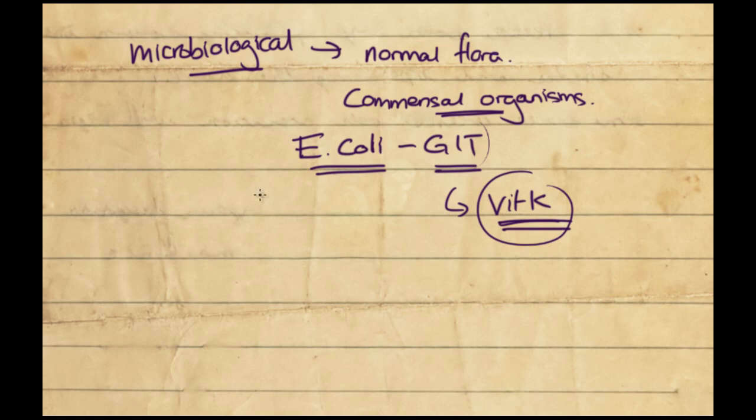We also went through some chemical barriers such as the low pH of the stomach, or enzymes in our tears, or antibacterial peptides. Just touched on that briefly. And last but not least, we talked a little bit about the microbiological side of it, so the normal flora which live in our body and protect us from any potential infectious agents. Yeah, that's just an overview of the external barriers that are part of the innate immune system.